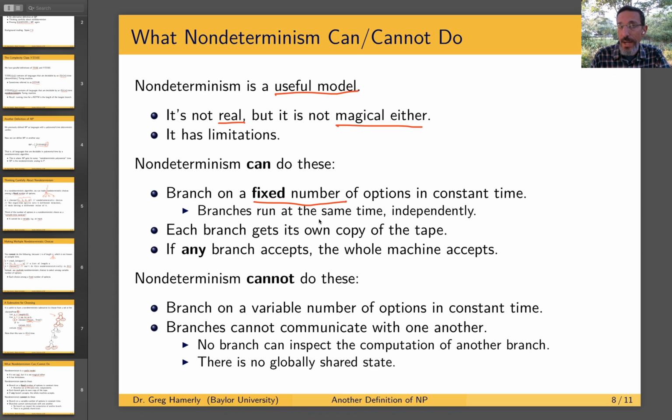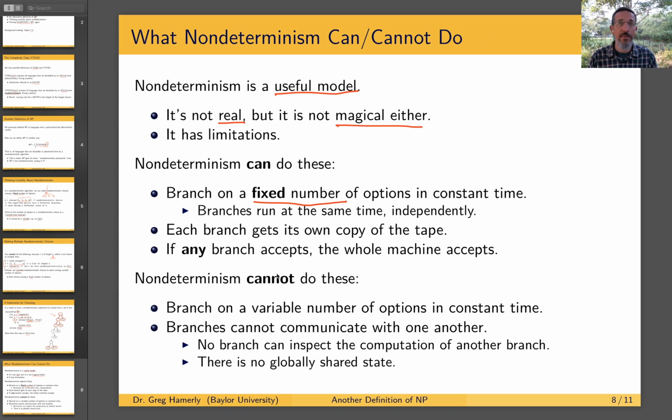And all of the branches that get created run simultaneously and independently. Every branch also gets its own copy of the tape. It gets its own memory. And that seems completely unrealistic, and it is. And in addition, if any branch accepts, then the entire machine accepts.